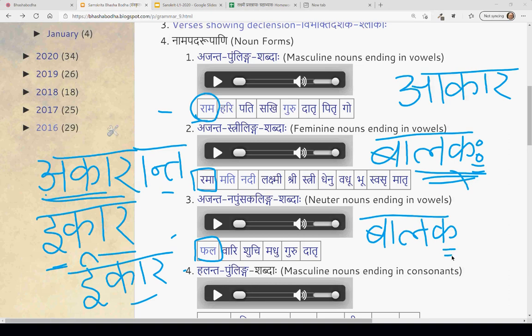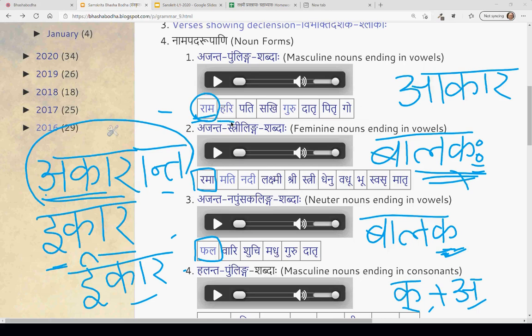And what is the ending sound here? Not ka. This ka is a combination of ka, the consonant, and a sound at the end. Balaka, like Rama. Such root words ending in a sound are referred to as akaranta.